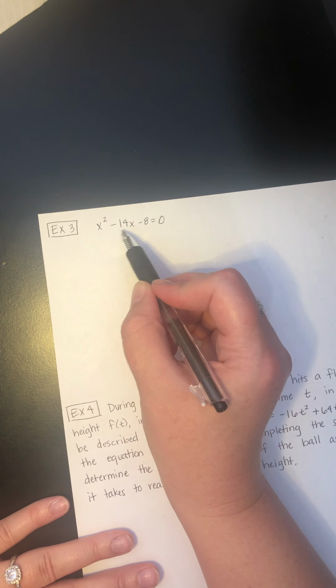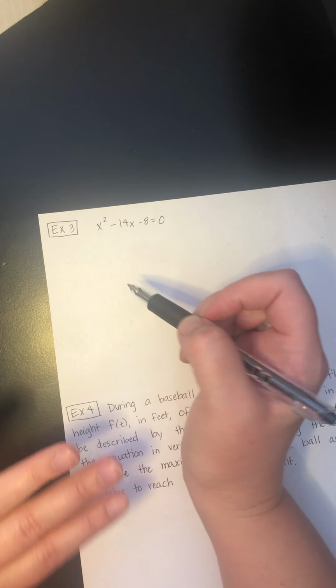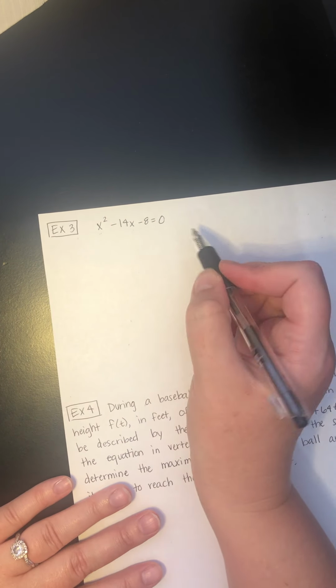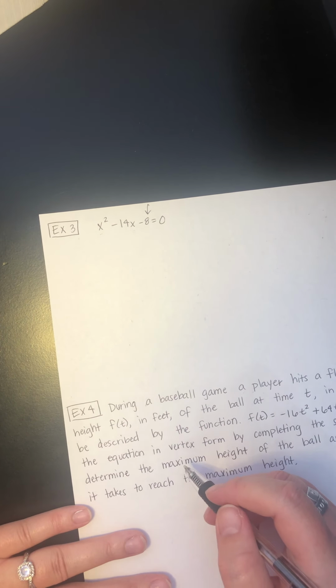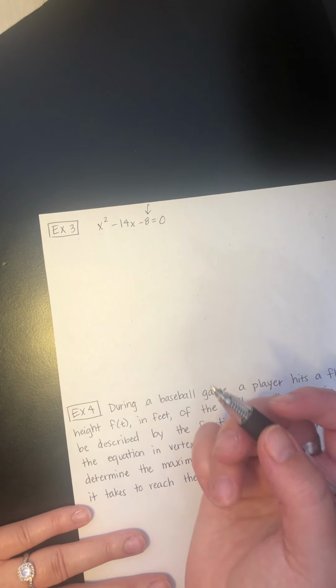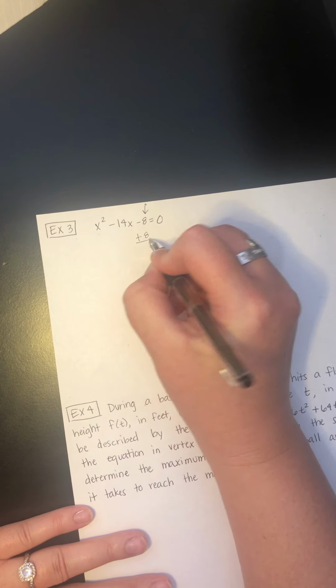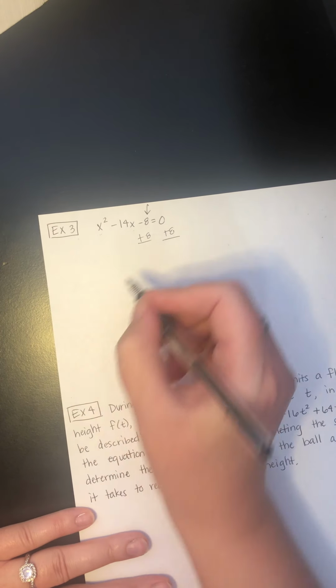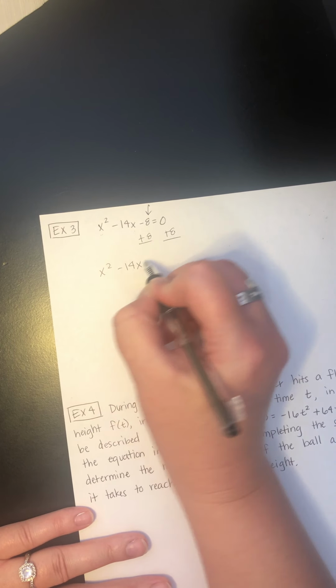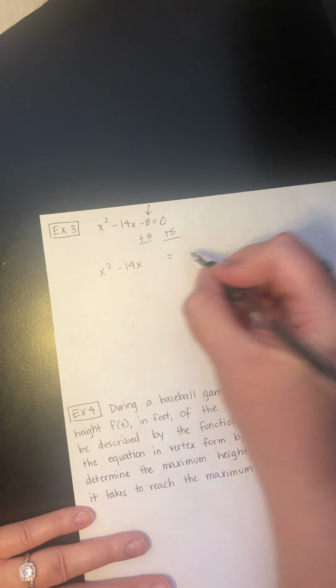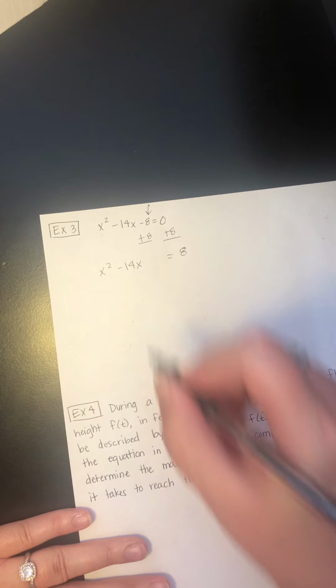So we want to leave the x squared and x on the left side of the equal sign, but on the right side, we want to have our constant. So our constant in this case is 8. So to do that, you add 8 to both sides. On the left, it'll cancel, and you have x squared minus 14x equals, I'm going to leave a little space, 0 plus 8 is 8.